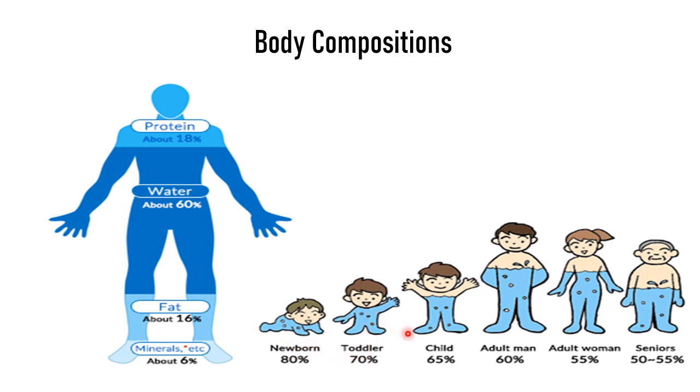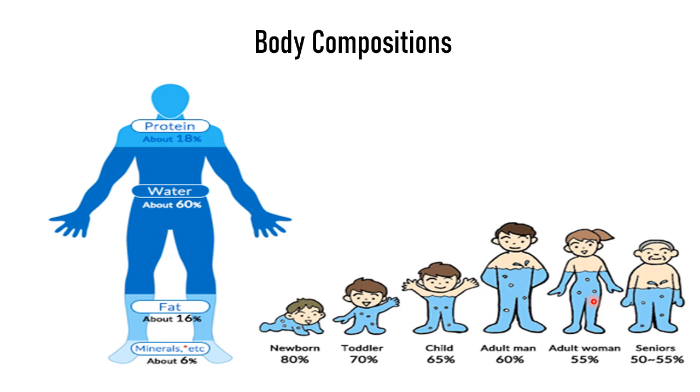Then as we grow up, as you can see here, the total body water is actually decreasing in percentage. So when you reach, in men, as you can see, an adult man of about 70 kg weight, you find that they're actually composed of 60% of water. Their total body weight is 60% water.